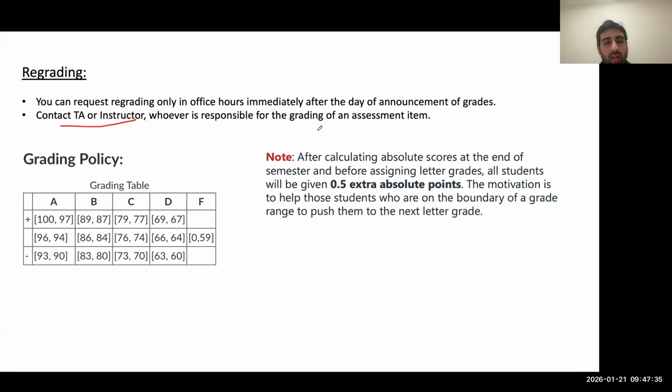Like, let's say the A plus starts at 97 and someone got 96.8, right? So I just want to push those students to the next higher grade by giving 0.5. But then after you are given 0.5 extra and still you are on the boundary, don't ask me for extra, because it is not possible, right? We need to stop somewhere. We cannot give an infinite amount of extra points.